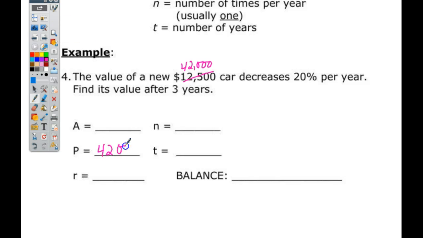So I'm spending $42,000. The rate is 20%. It's per year, so that's 1. And the time is 3 years. So I want to see how much my brand new truck is worth in 3 years. So I'm going to take 42,000.